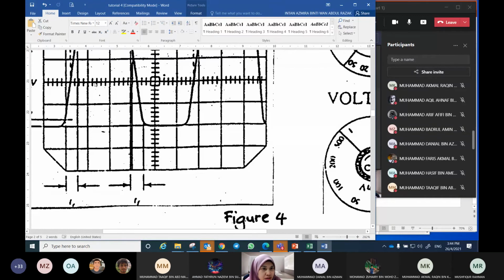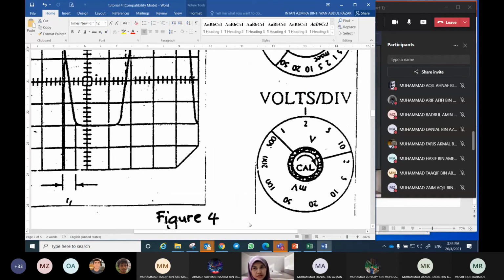So we have 0.2, 0.4, 0.6, 0.8 and then 1. So 0.6 division. So 0.6 multiplied with the setting, the time per division.